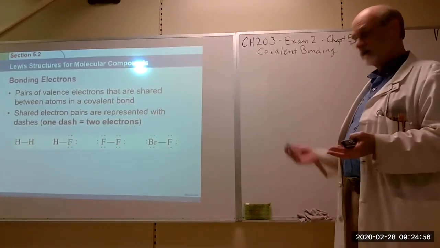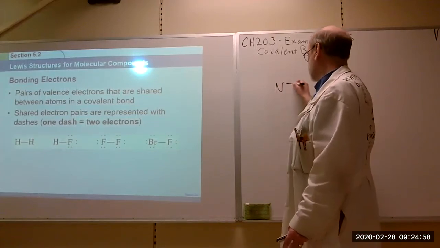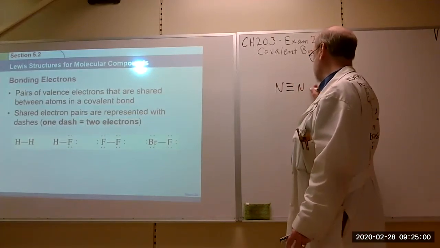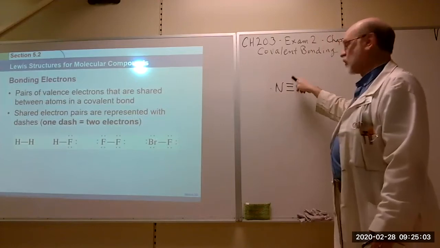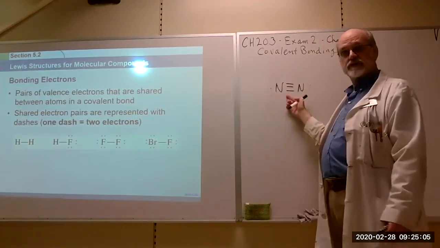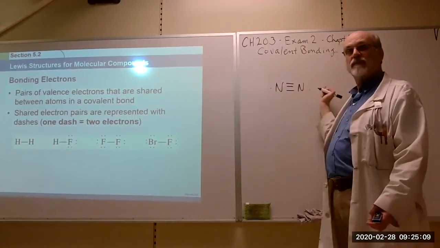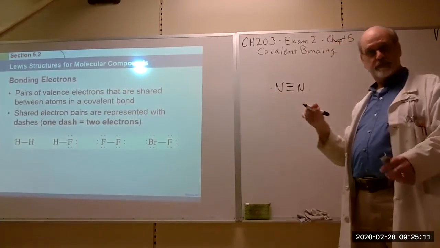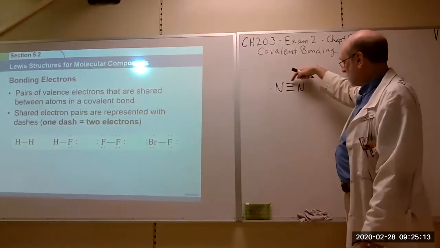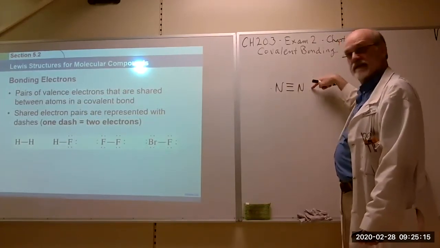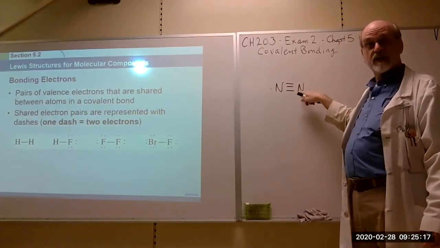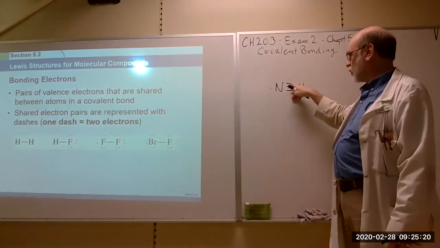If you have 3, like with dinitrogen, you have 2, 4, 6 electrons between the nitrogens, and you have a non-bonding pair here, and a non-bonding there. Okay? And if you count them up, 2, 4, 6, 8, that nitrogen thinks it has an octet. 2, 4, 6, 8.